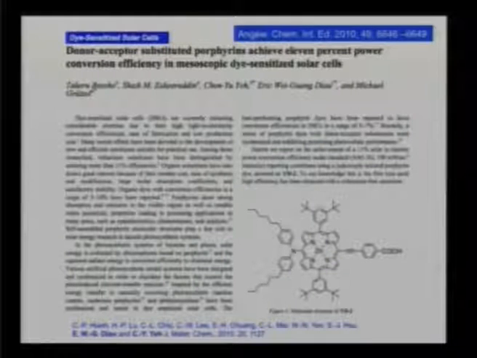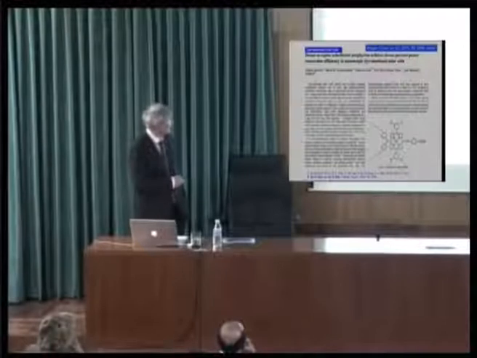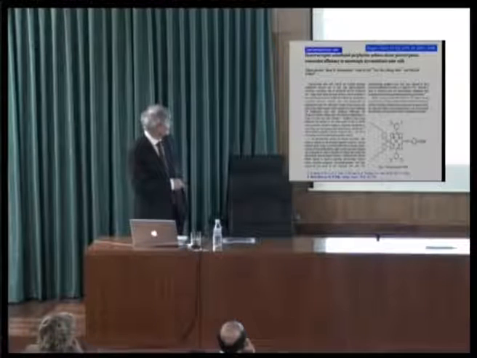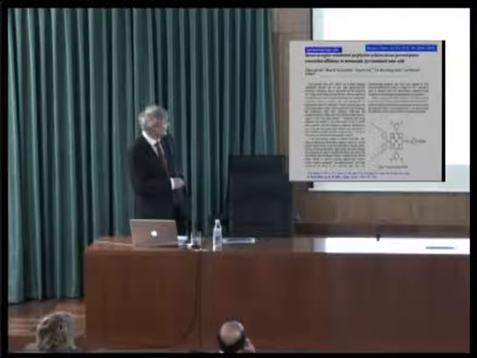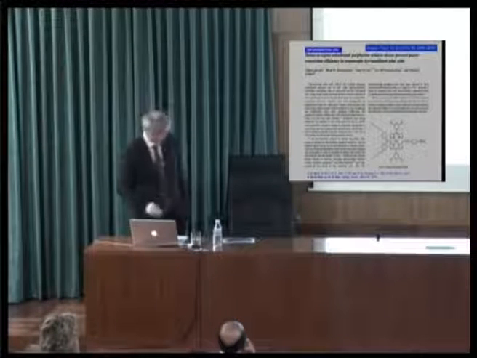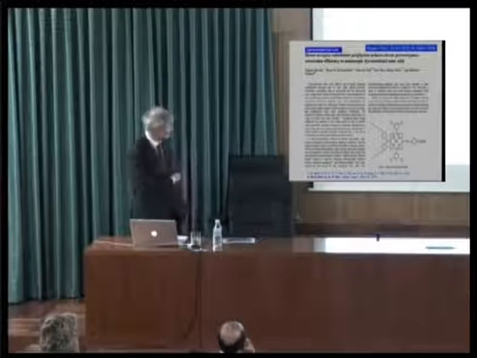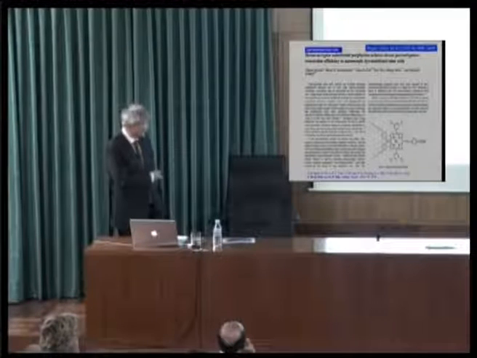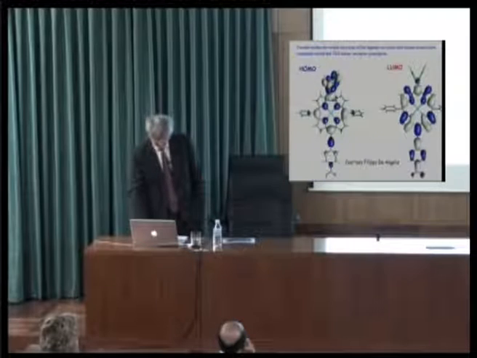So we designed another dye, which was also chlorophyll related, a porphyrin, over 11% power conversion efficiency. With a rationally designed dye, you have a donor function, acceptor function, and a chromophore in the middle. That was actually the idea of our Taiwanese colleagues, Diau and Yeh. But we made the cells that gave 11%.